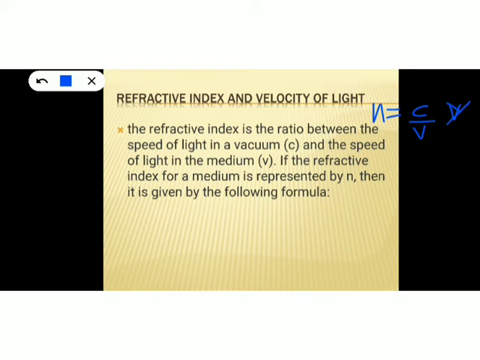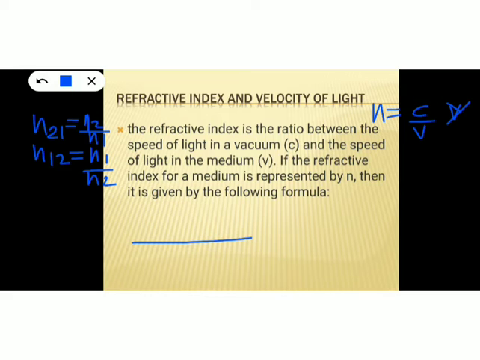And how do we arrive at this equation? That is most important. So I had told you there is a relationship between refractive index and velocity of light. We had studied two types of refractive index, N21 and N12, isn't it? N21 can be denoted by N2 by N1. N12 can be denoted by N1 by N2. And when do we obtain N21? Consider this figure.